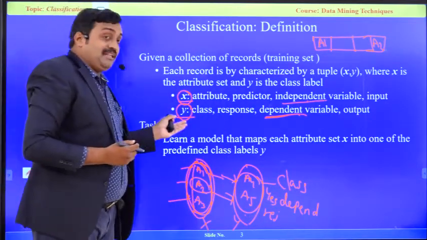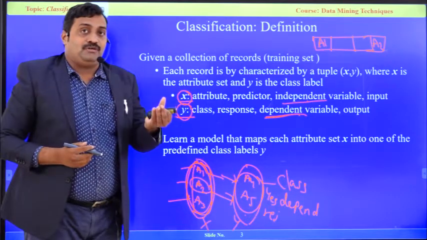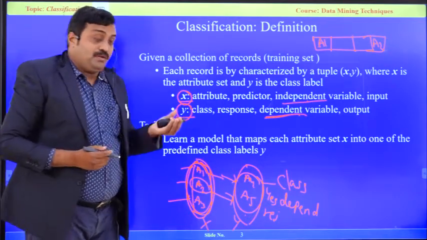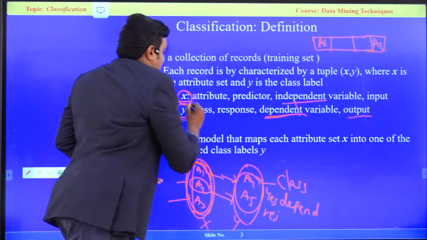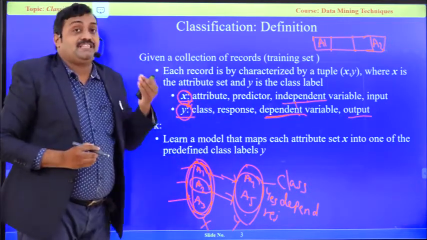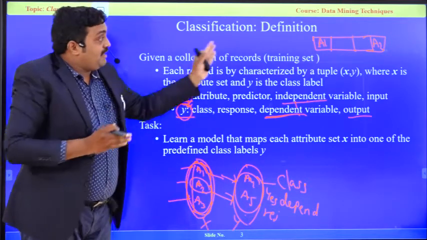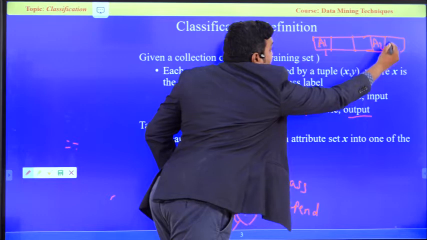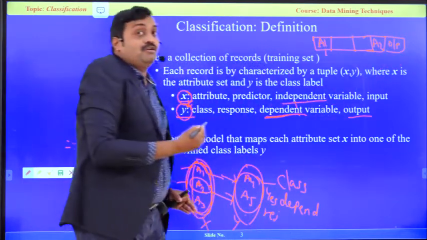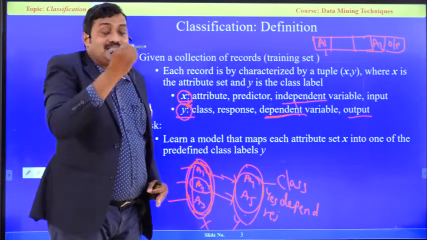Y is the output. So we get the output based on the independent variables, based on X. That is a simple classification. Based on record 1 to n, the last one is the output, whether the loan is sanctioned or not, approved or not, that is Y.